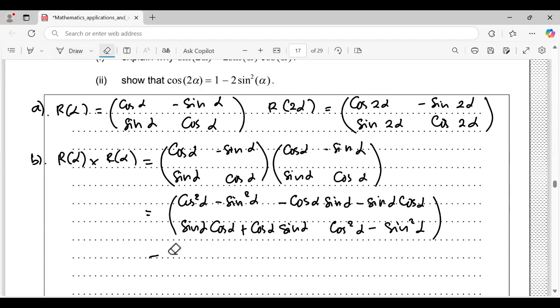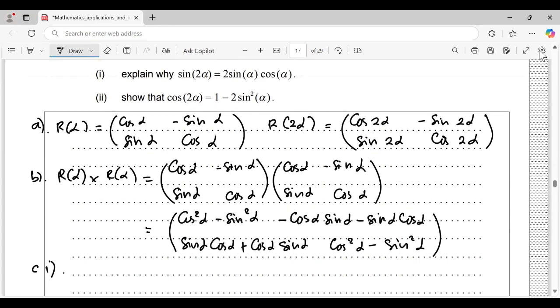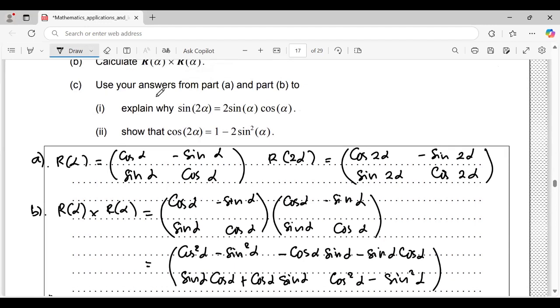But I would like to explain on part C. The question is: use your answer from part A and part B to explain why sine 2 alpha equals 2 sine alpha cosine alpha.